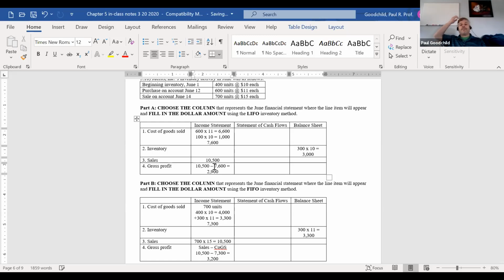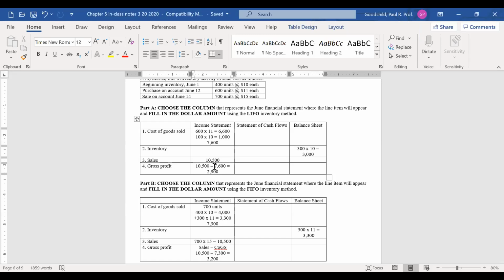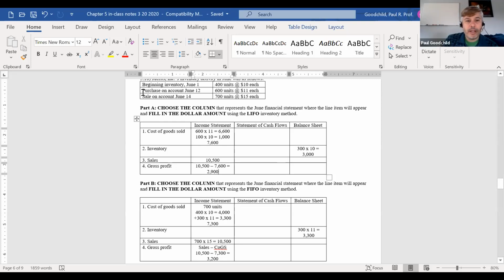How'd you get the 10,500 for sales again? I'm going to highlight it on my screen. It says sales on account, 700 units at $15 each.